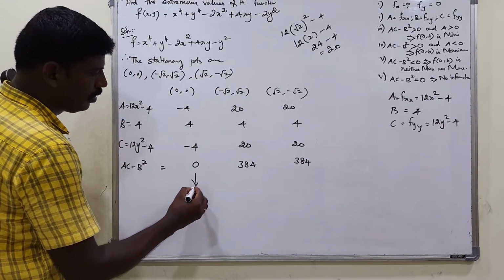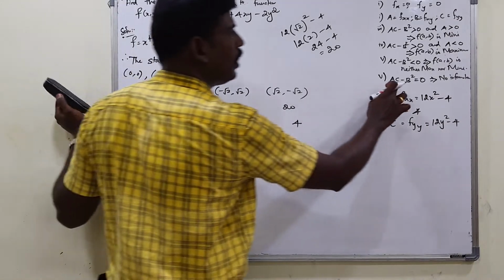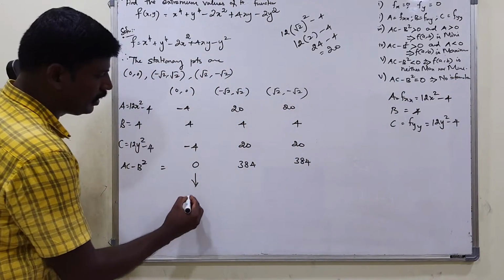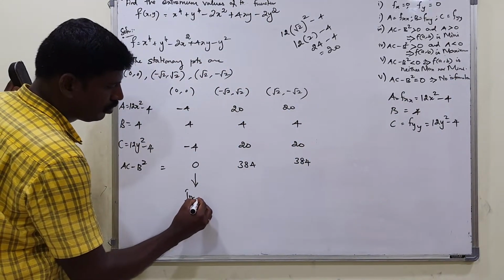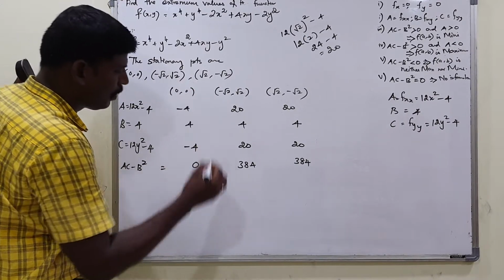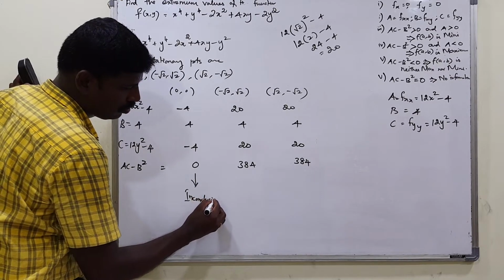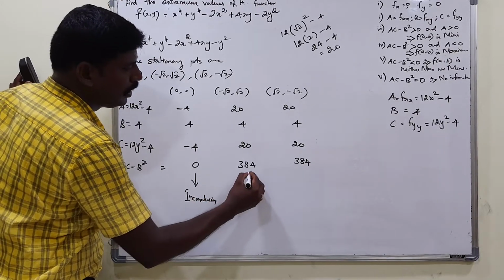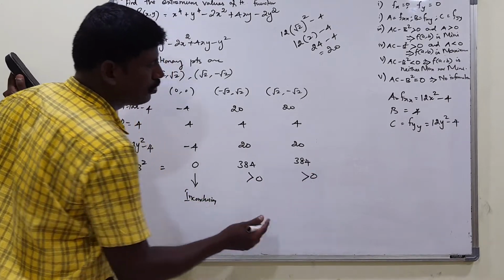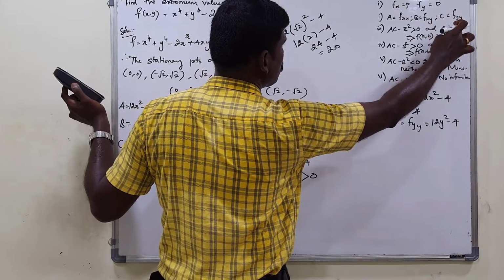So here it is inconclusive, isn't it? What is the value of AC minus B square here? 0. So no information, inconclusive. No conclusion obtained at this point (0, 0). Right? Here it is positive. Here also it is positive. So we need to check the value of A at this point. If A is positive, it is minimum.